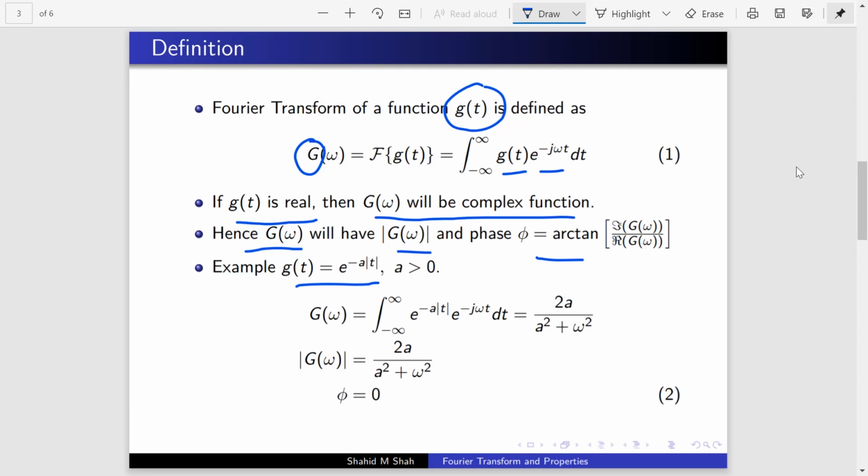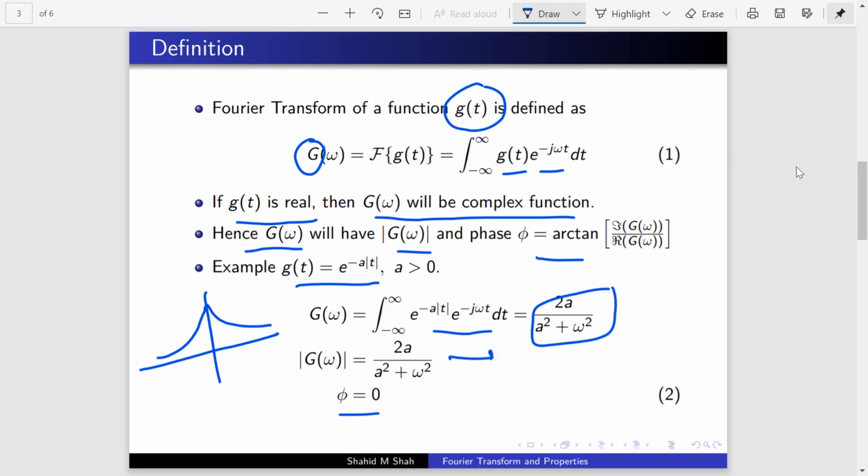So for this e to the power minus a mod of t, okay, we can slightly plot it like this. It will be some function like, okay, this is e to the power minus a t. A is positive. For its transform, you can compute directly. You can evaluate this integral by breaking it into minus infinity to 0, 0 to infinity. You will get 2a divided by a square plus omega square. So its magnitude is this.